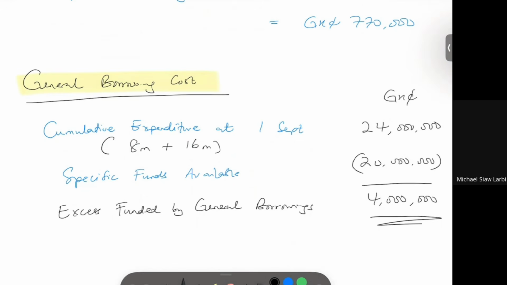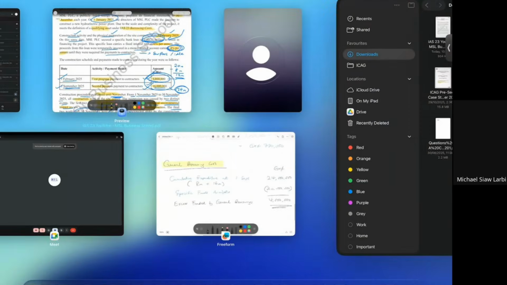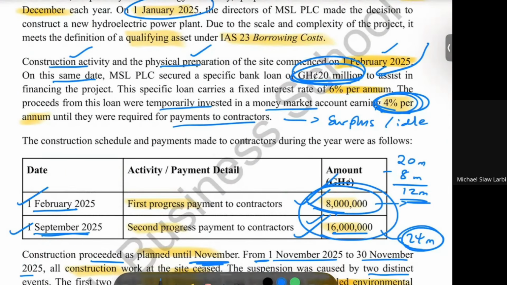So we are going to ask ourselves, when did we need that excess? Well, to be fair, the second payment was made from 1st September. So it means from 1st September till 31st December is when we have to do the capitalization on the borrowing cost.